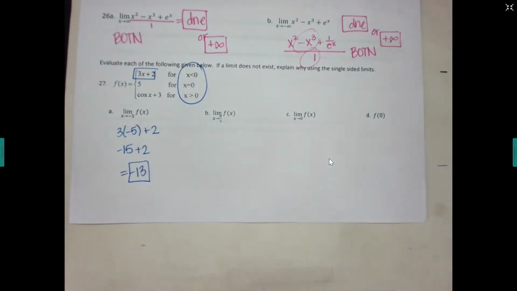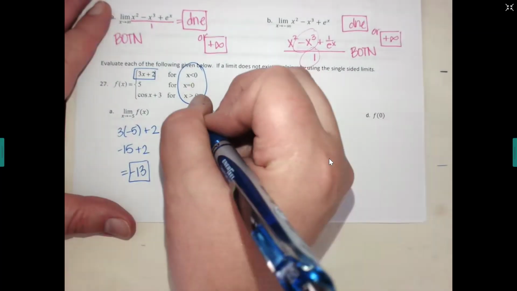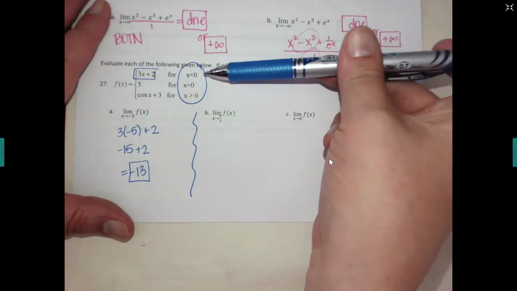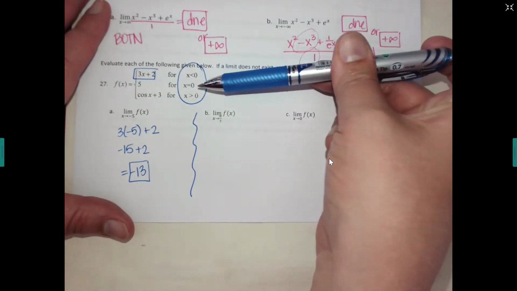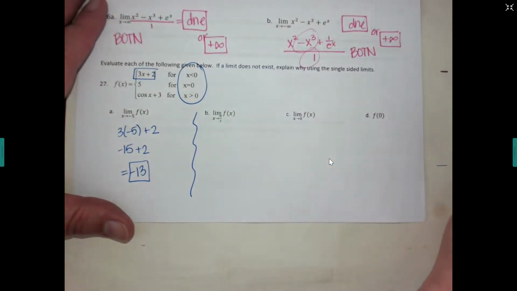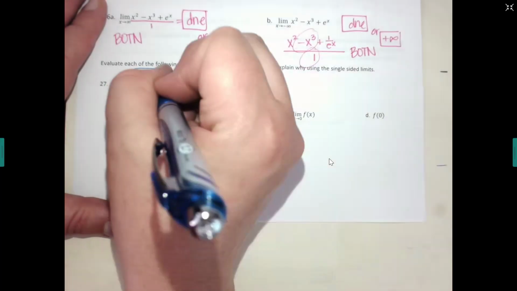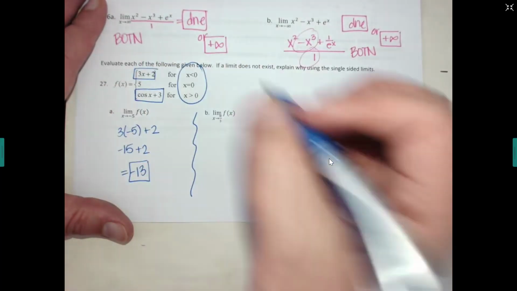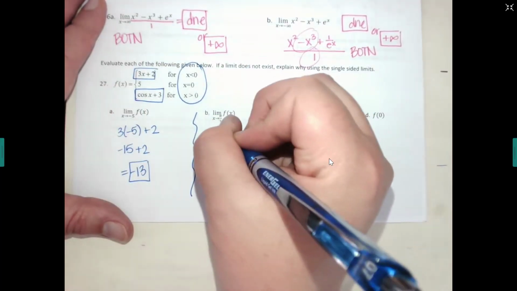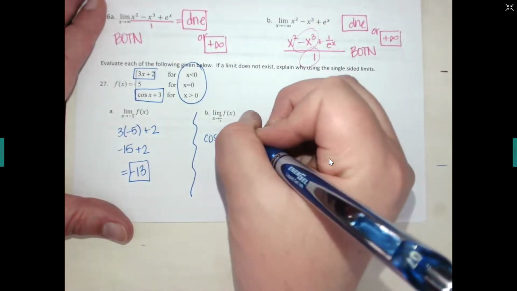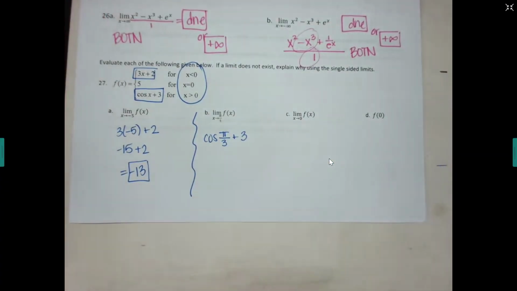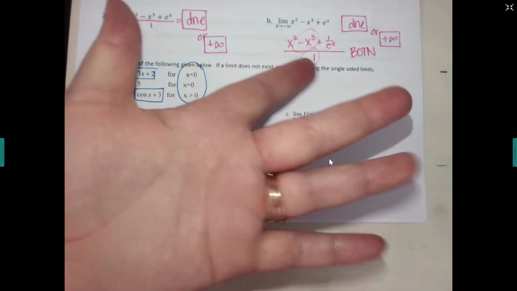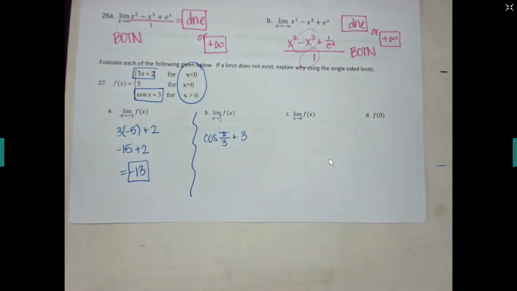For letter B, I'm doing pi thirds. What category does that fit in? Is it x less than 0, equal to 0, or greater than 0? So we're plugging in only to the bottom. So we'd have the cosine of pi thirds, and then we're going to add 3. Now, pi thirds is which finger on your hand? So it's 0, pi sixths, pi fourths, pi thirds, fold it down.